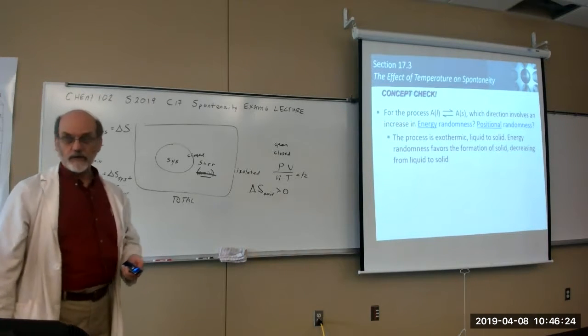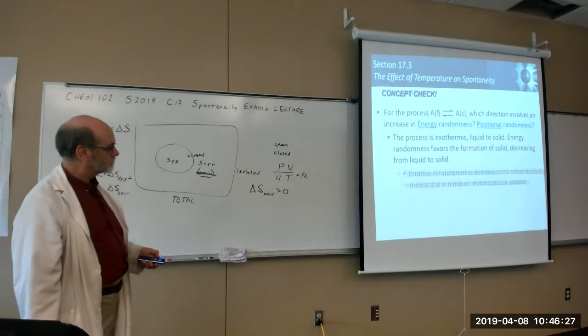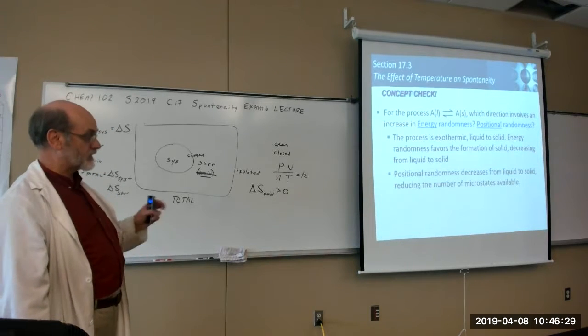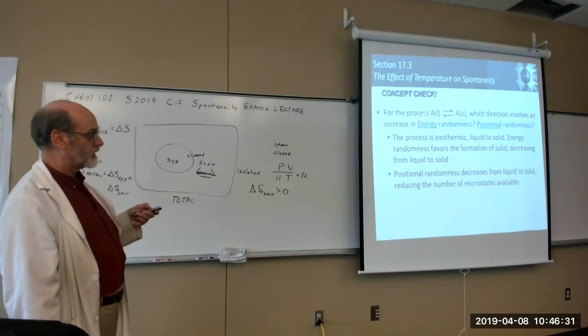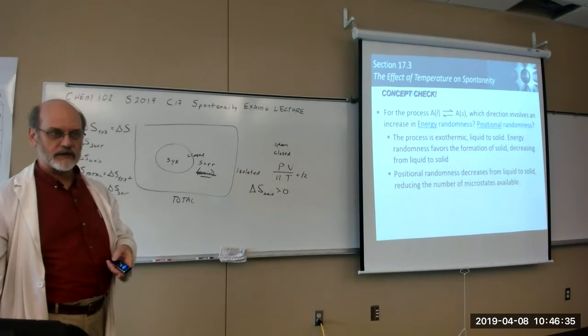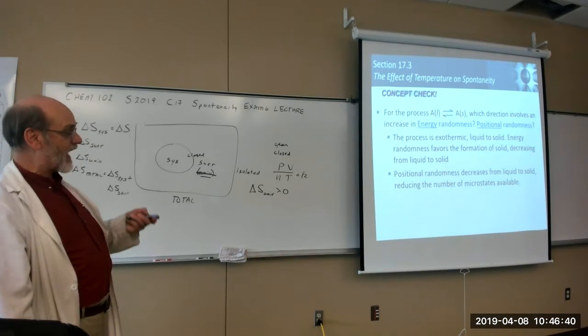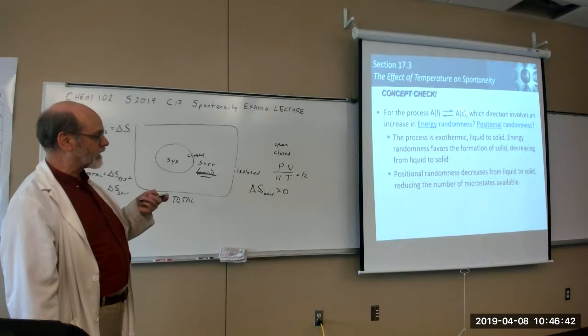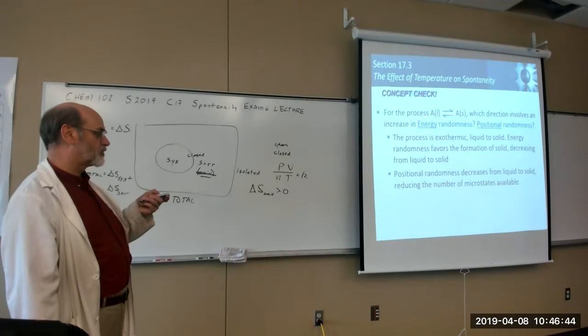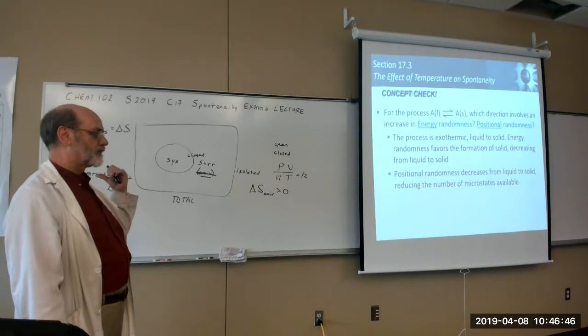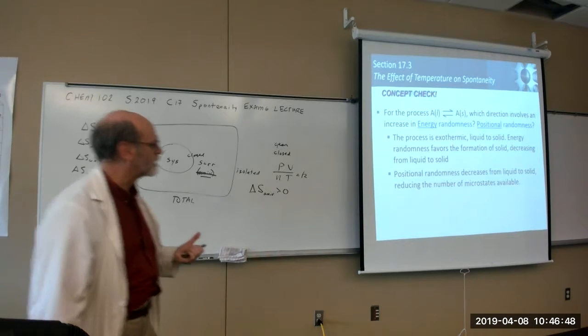But that's not the whole story. Positional randomness, yes, it prefers the liquid because we've increased the number of microstates. But if we add energy to this, then to the left is favorable. Excuse me.